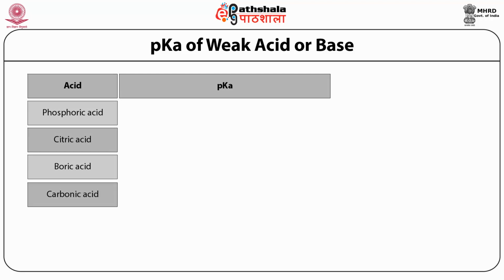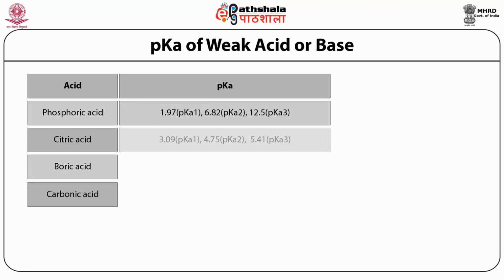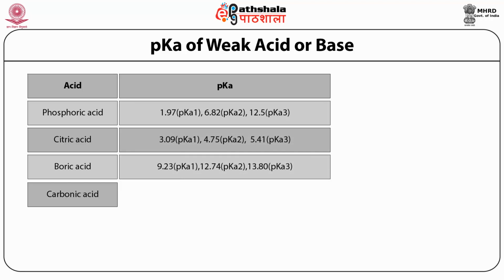These acids have more than one pK value, depending upon how many protons are present. Phosphoric acid has 3 pK values, citric acid also has 3, boric acid again 3, and carbonic acid 2 pK values.